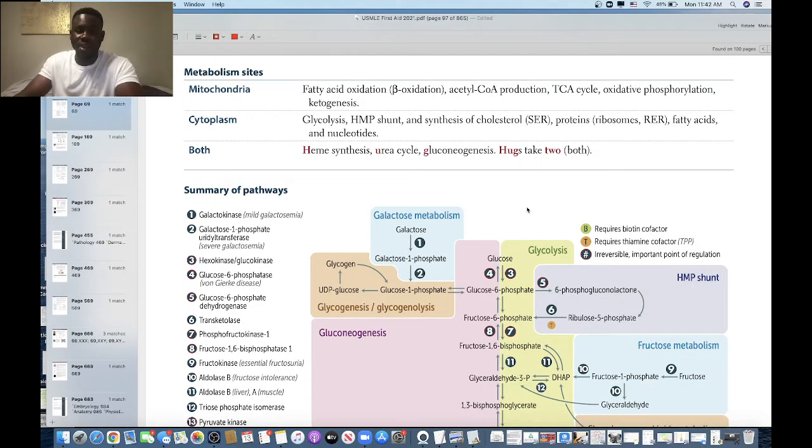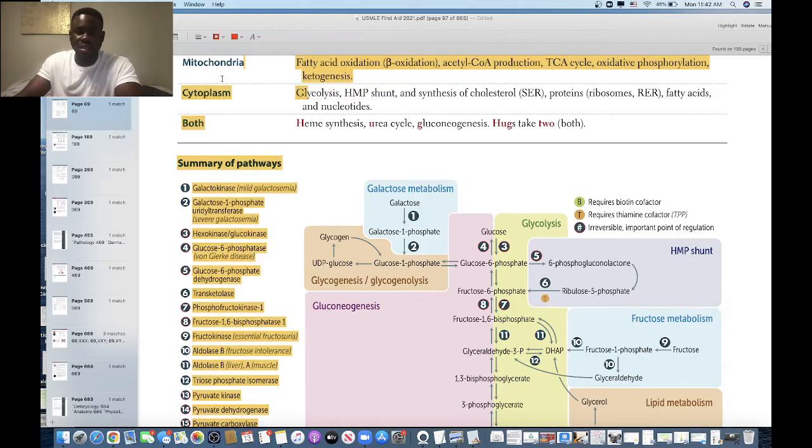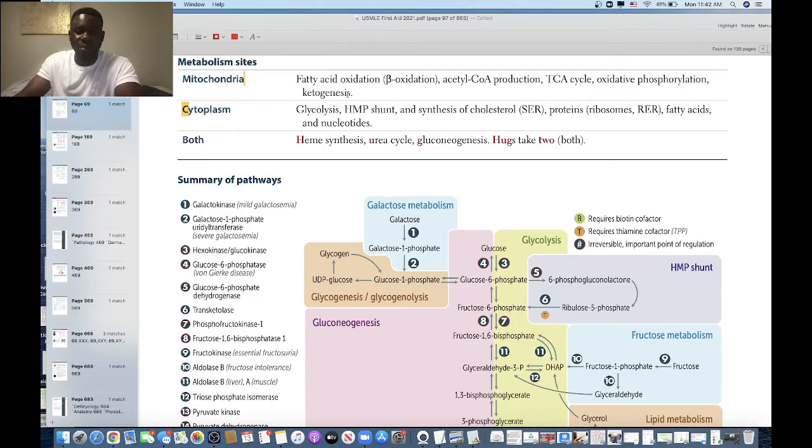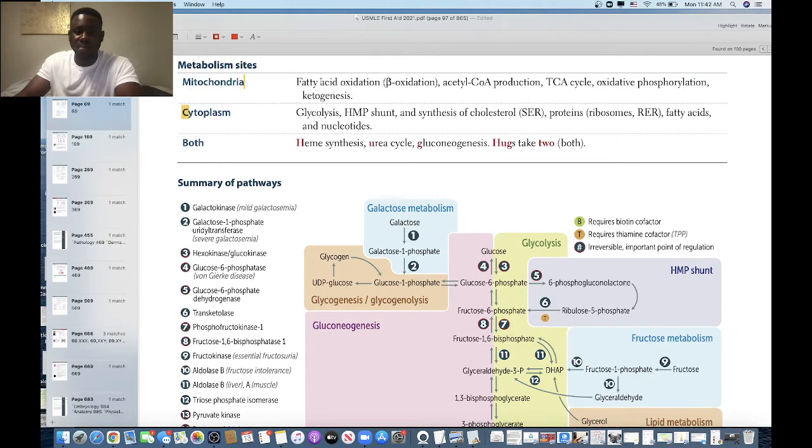Now, metabolism sites. Where does metabolism occur? One, it can occur in the mitochondria, for example, fatty acid oxidation, that's beta oxidation, occurs in the mitochondria.